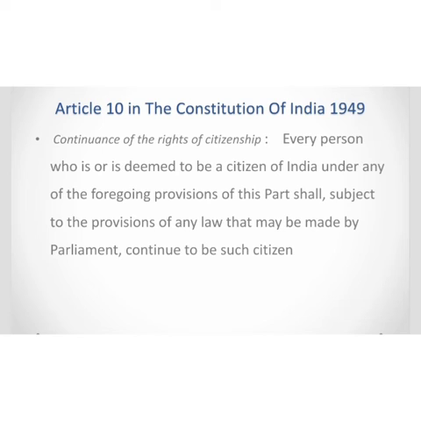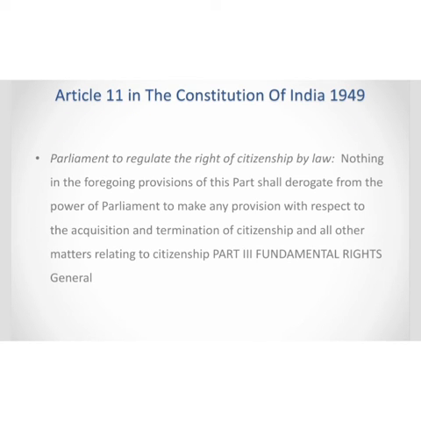Parliament has all the competencies. So, though I would have got my citizenship at the commencement of the Constitution by virtue of Article 5, my citizenship is subject to the approval of the law made by the Parliament relating to that subject matter in the future. Then Article 11, which gives complete power to the Parliament of India in the matters connected with acquisition, termination, and all other matters connected to the citizenship.